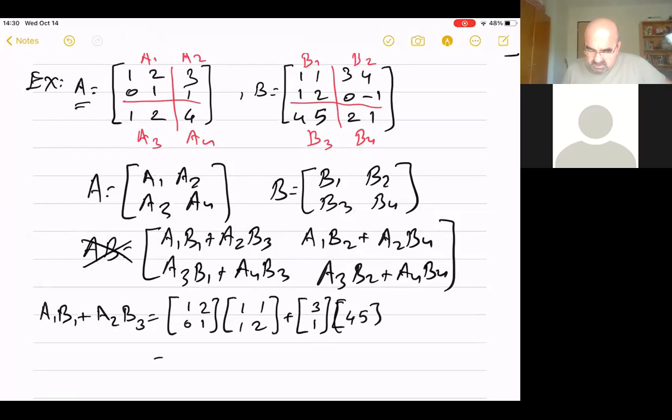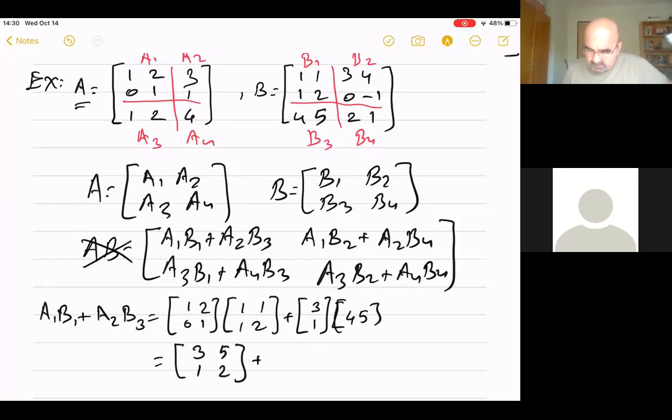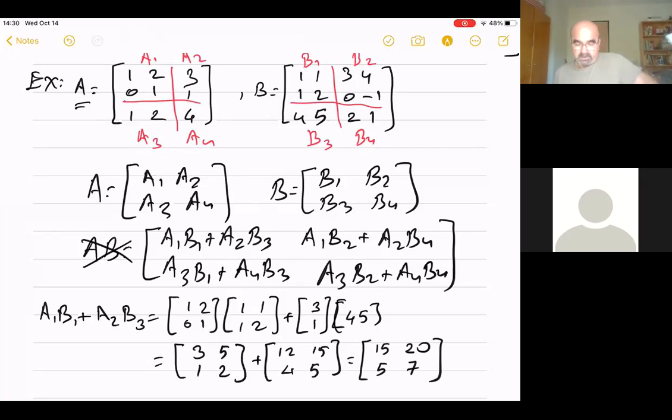Let's multiply this. The first matrix is 3, 5, 1, 2, plus 3 times 4 is 12, 15, 4 and 5. And when you add them up, what do we get? 15, 20, 5 and 7, right? I hope it's correct.